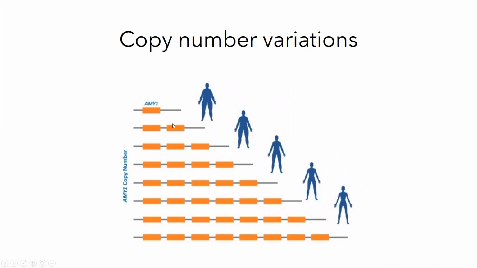So it has been suggested that a person that only has 1 copy of this gene cannot digest complex sugars properly, so has a tendency to obesity, while another person that has more copies is not obese. So copy number variation is in every genetic disease, but in cancer, in tumor DNA, it is more detectable because tumor DNA is completely fragmented.